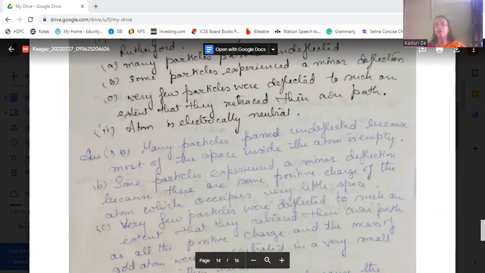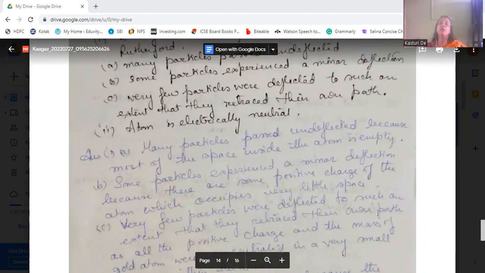And the second is, some particles experienced a minor deflection because there are certain positive charges also present inside the center part of the atom. As the alpha particles have a positive charge, similar charges repel, so they will be deflected by very small angles.